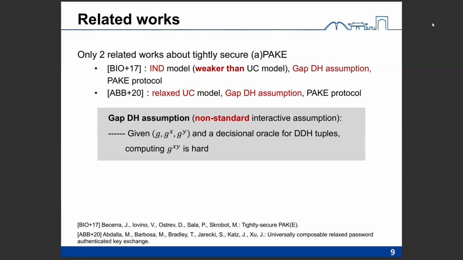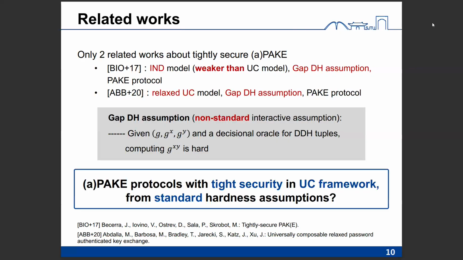Here, the gap DH assumption states that given g, g^x, g^y, as well as the decision oracle for DDH tuples, it's still hard to compute g^xy. Since it involves a decision oracle and is interactive, we may sometimes, to some extent, consider it as non-standard.